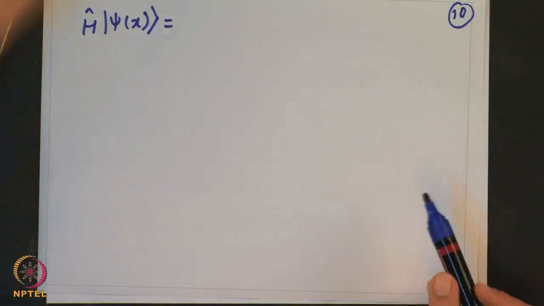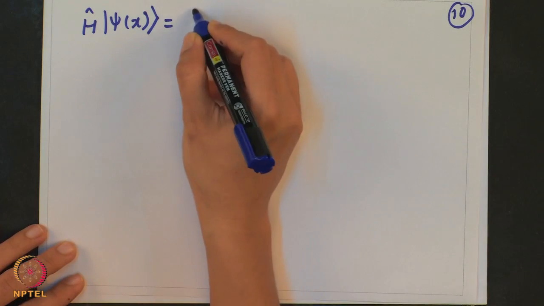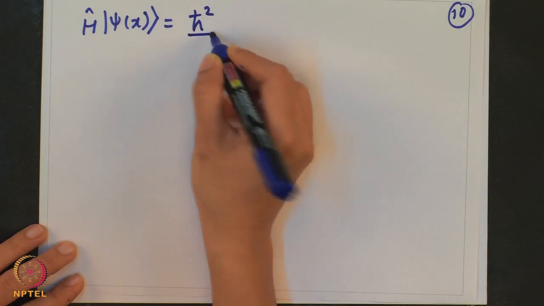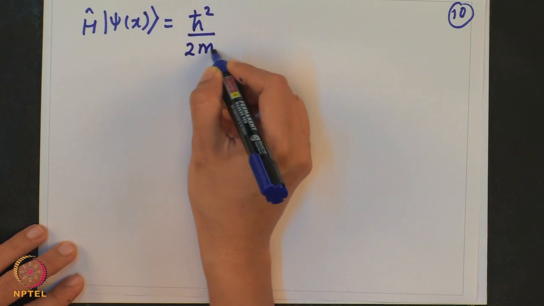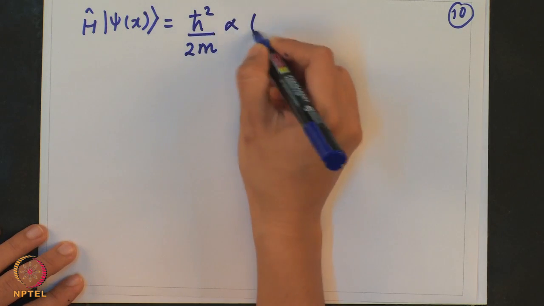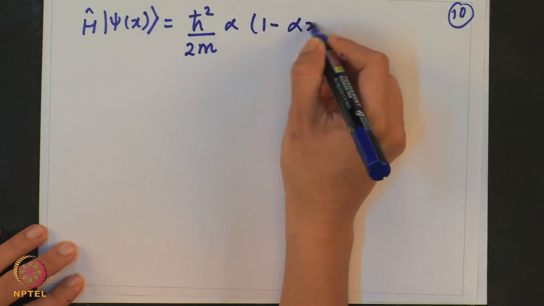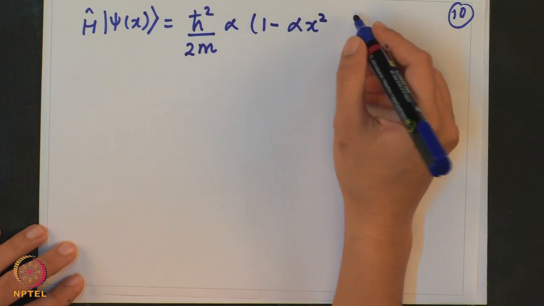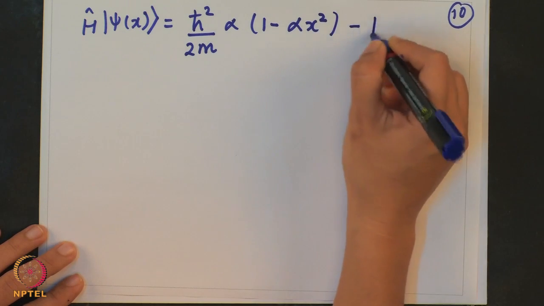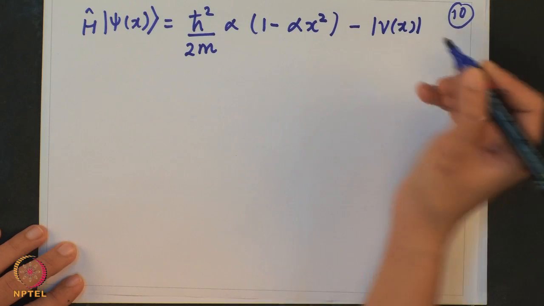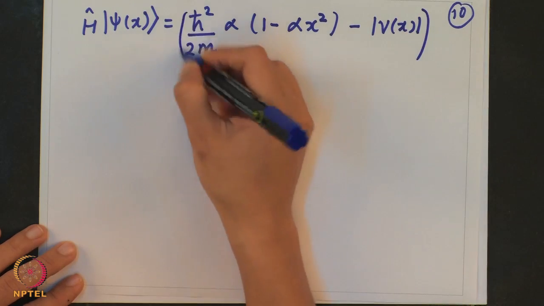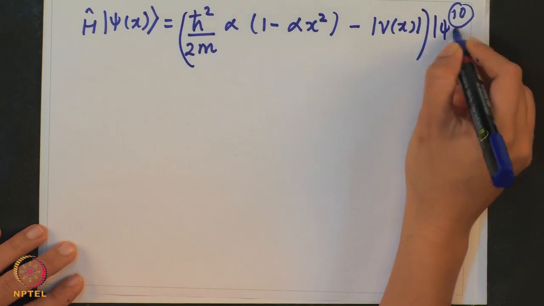So, skipping the in between step for you to try out, what you obtain is 1 minus αx² minus V(x), and I rewrite in terms of psi of x.